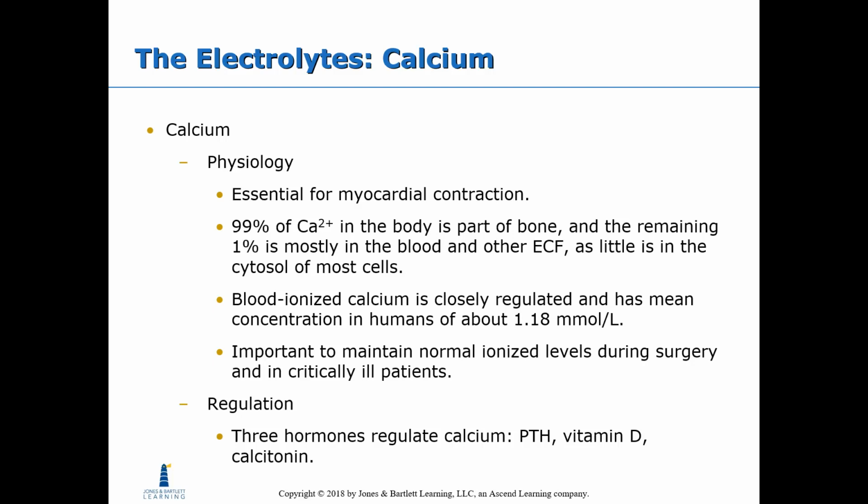It's important to maintain normal ionized levels during surgery and in critically ill patients. Regulation depends on three main hormones: parathyroid hormone, vitamin D, and calcitonin. Parathyroid hormone increases blood calcium, while calcitonin decreases blood calcium, along with vitamin D.